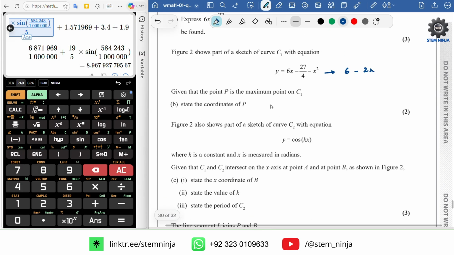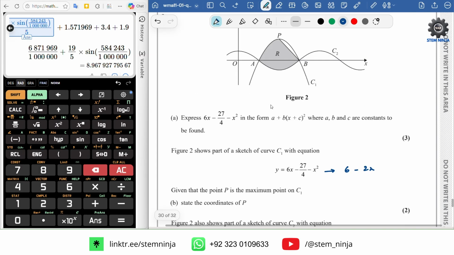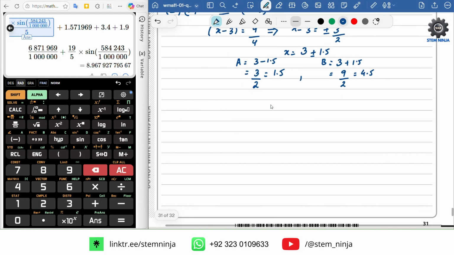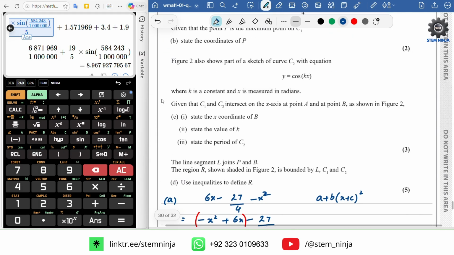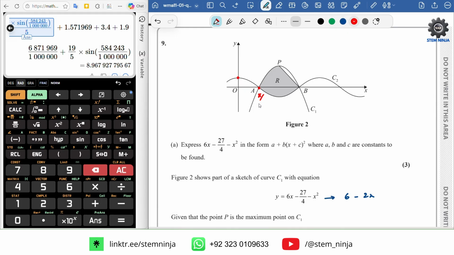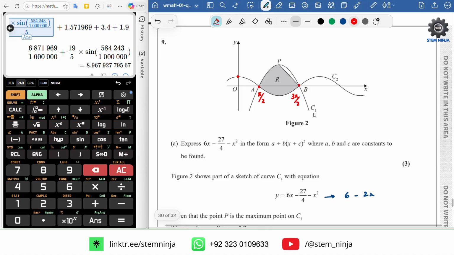State the value of k. Now the cos kx is intersecting at these points, right? So remember, for the cosine curve, at 0 it's 1, at pi by 2 it's 0, and then again at 3 pi by 2 it's 0 again.